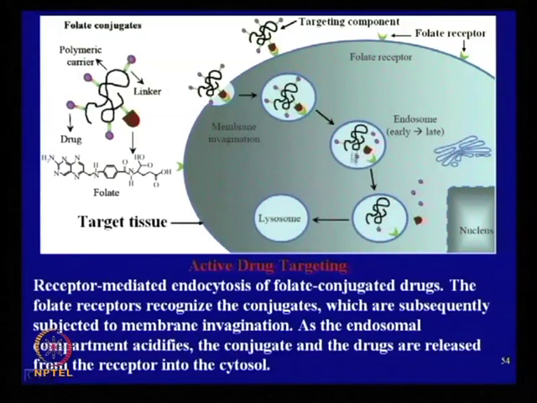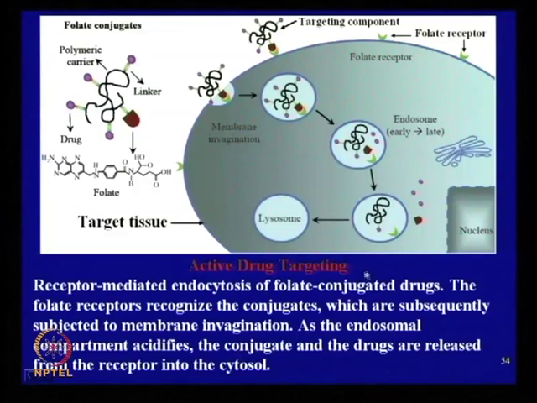In that acidic environment, the drugs get released. The detector also gets released, and ultimately we get this drug release at the affected site. So, this is a model. With the help of this model, it is shown how active drug targeting and targeted delivery can be done.